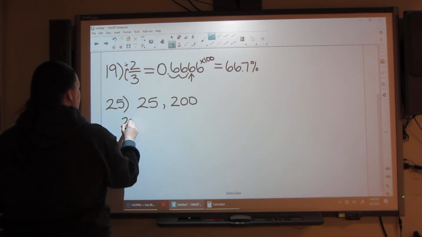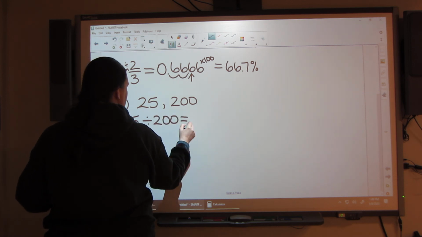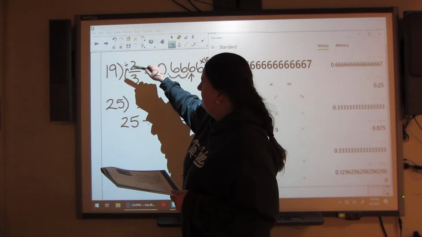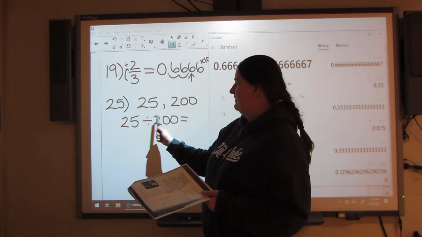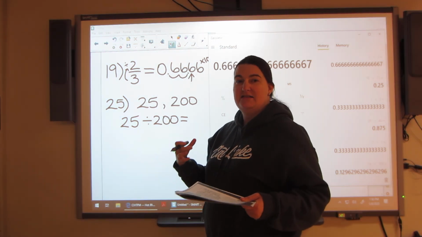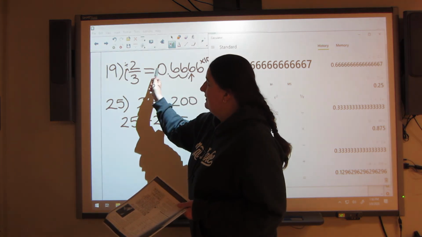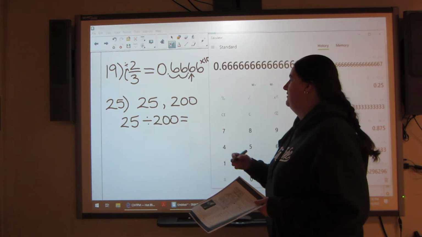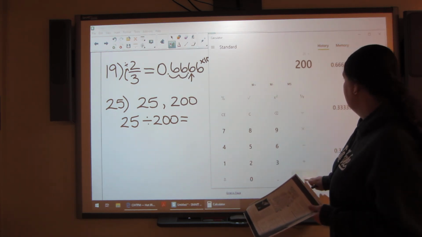So that means 25 divided by 200 equals, now remember, that's what's cool about division and fractions. 2 over 3 written like a fraction can also be written 2 divided by 3. So division and a fraction are almost the same. They can represent the same value, and they can represent the same operation. So that line can be division, and of course the symbol is division. So 25 divided by 200.